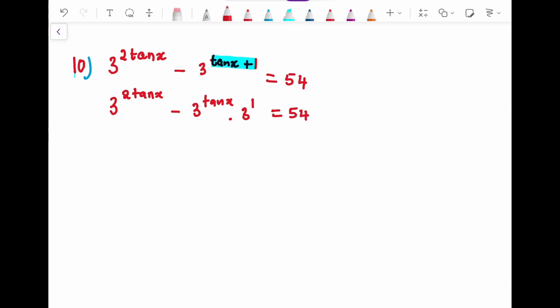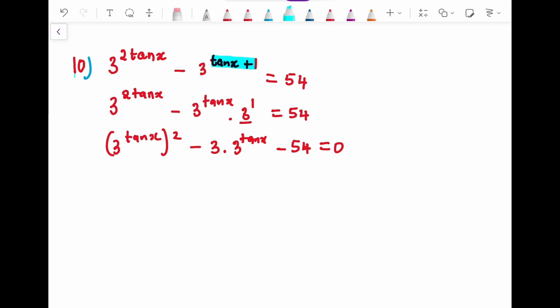And then from here we have 3 to the exponent tan of x, and then we can square this because tan x multiplied by 2 is the same as 2 tan of x, minus 3 to the exponent 1, which is the same as 3 multiplied by 3 to the exponent tan of x. And then if we transpose 54, minus 54 is equal to 0.